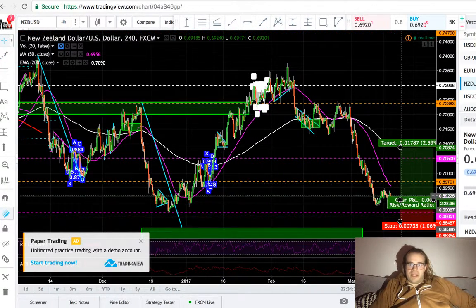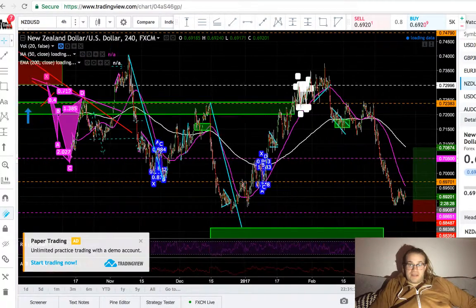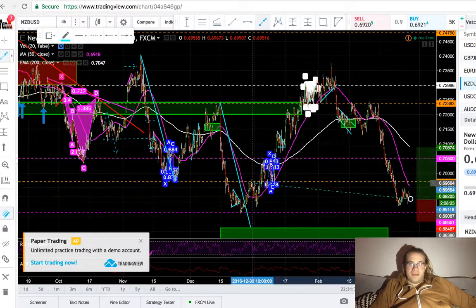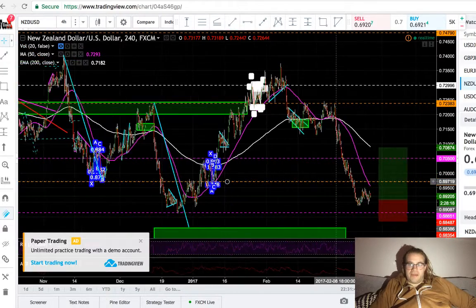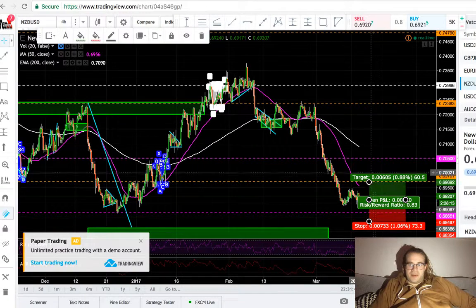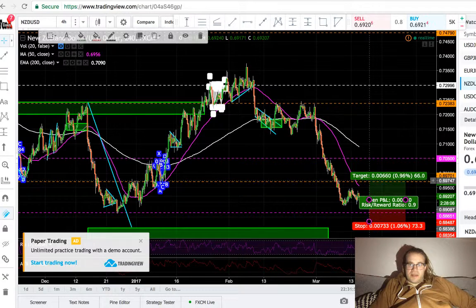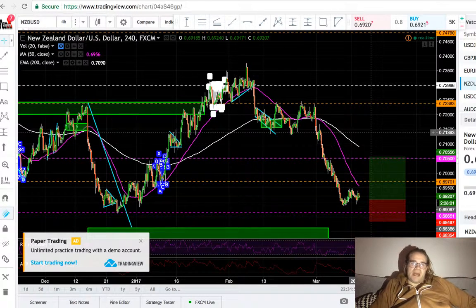The reason I'm not so crazy about this setup is the resistance right here. I don't see the value in taking it. So if we set up our risk reward, this is going to be inverse. So I need to at least have a 2-to-1, which is right here, and it's not bad.